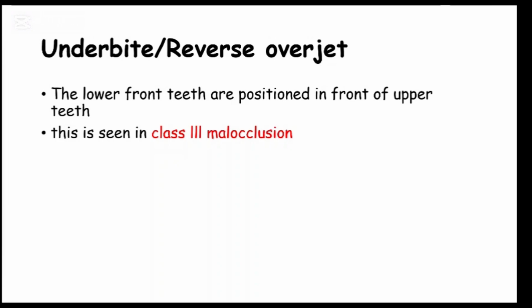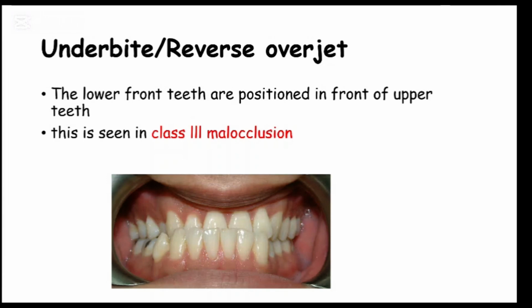In reverse overjet the lower front teeth are positioned in front of the upper teeth. You can see this in class 3 malocclusion. In this picture you can see the lower incisors are positioned in front of the upper teeth. We can say that the lower front teeth are placed in front of the upper front teeth.